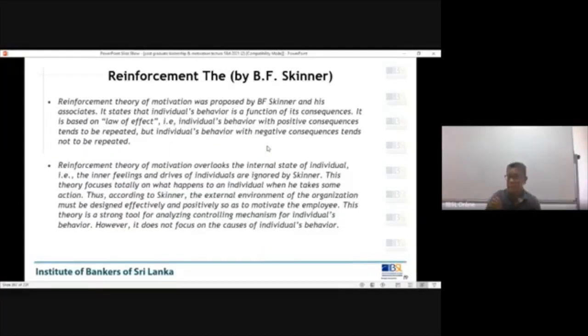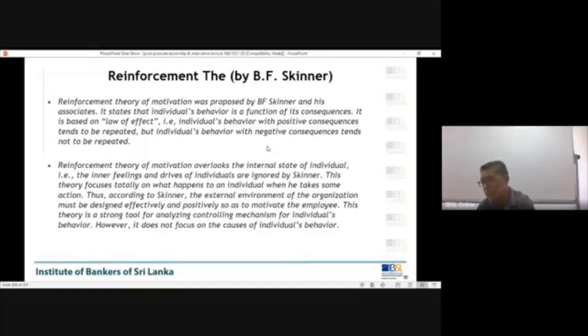Another theory was developed by B.F. Skinner, and it is called the reinforcement theory. Theory is missing, so you need to put reinforcement theory.